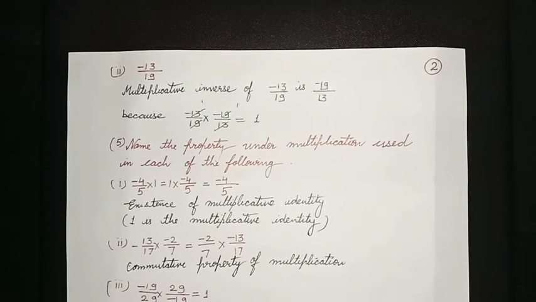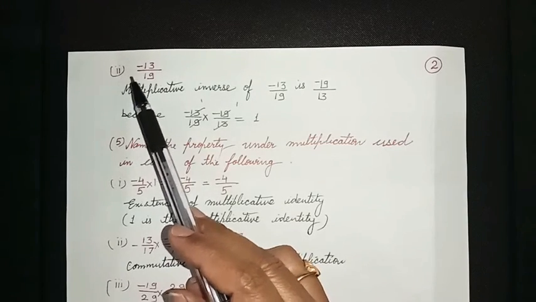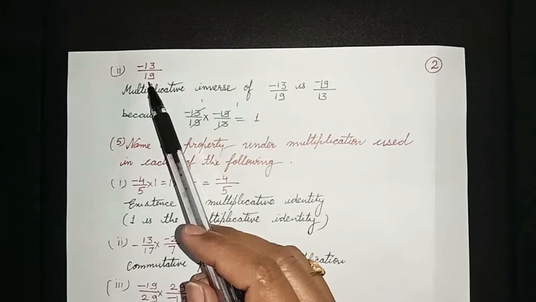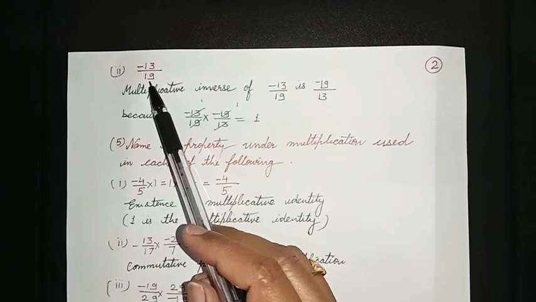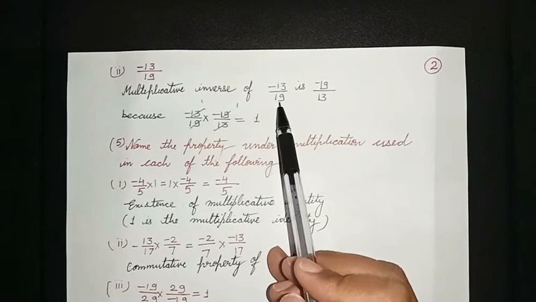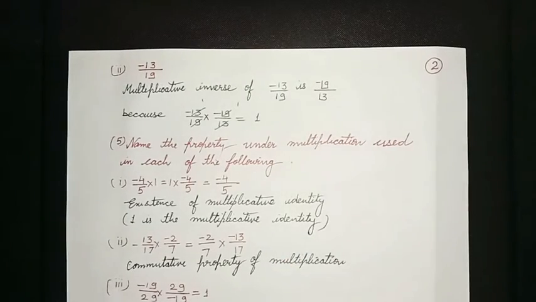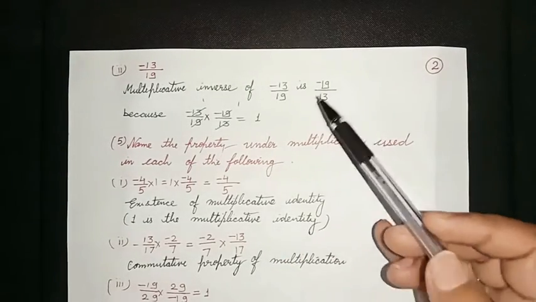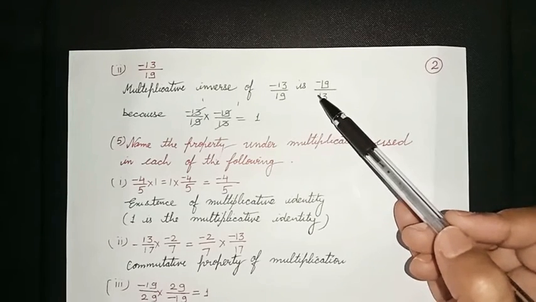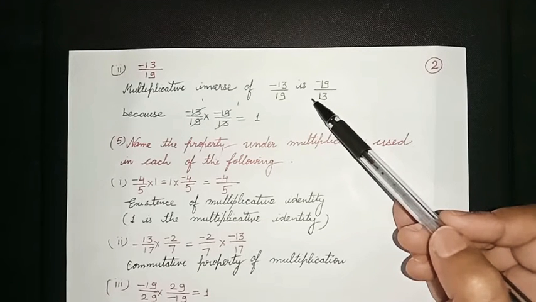Now, we will solve the second part of the question, minus 13 upon 19. Here, the multiplicative inverse of minus 13 upon 19 is minus 19 upon 13. Why minus 19 upon 13? Because we cannot write the minus sign with the denominator.